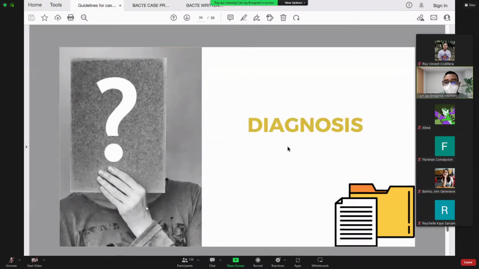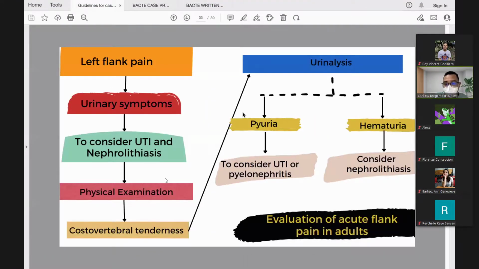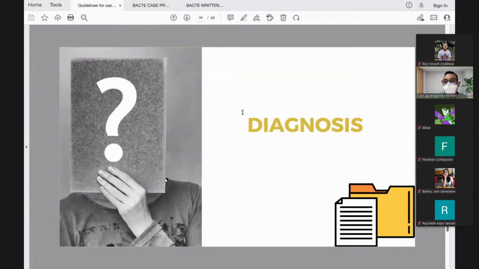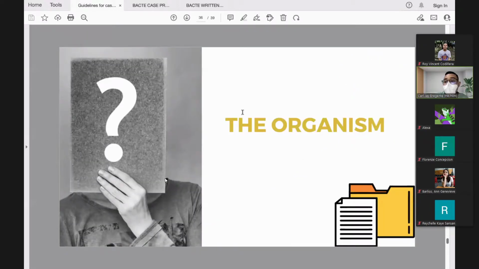So after you do your conceptual framework for differential diagnosis, you now do your final diagnosis. For this case, the final diagnosis is urinary tract infection. Since you are also given pertinent lab results, particularly on the microbiologic side, we also discuss the organism.